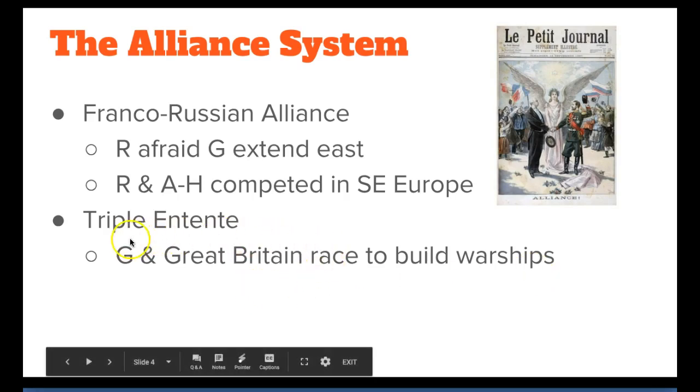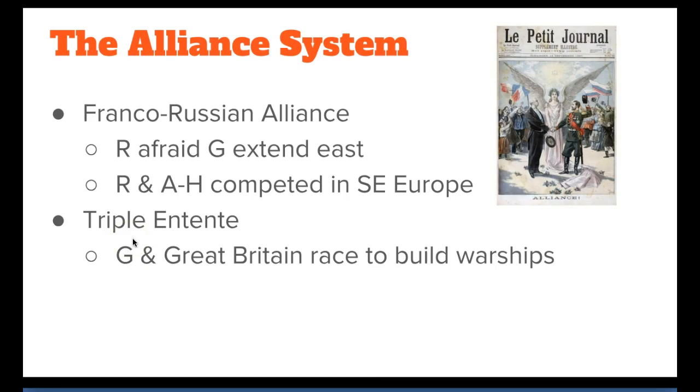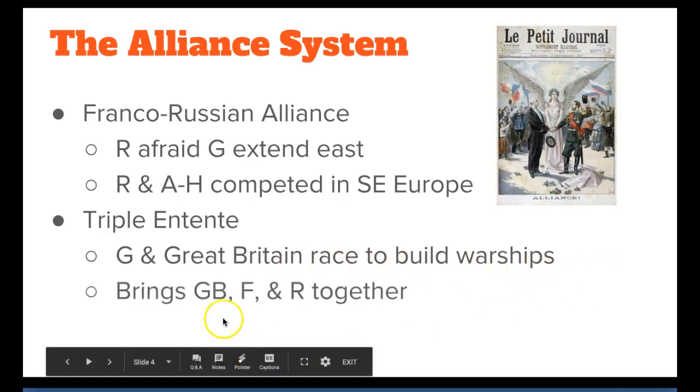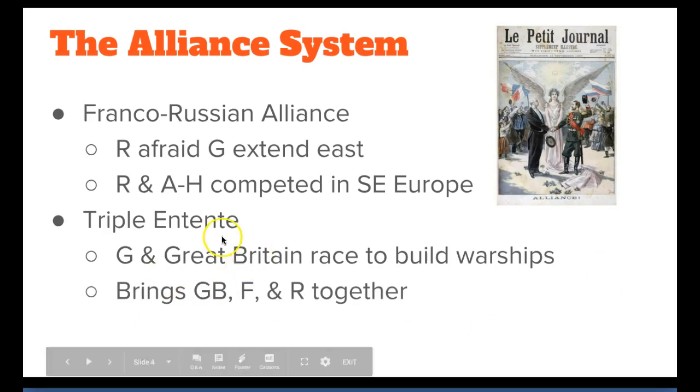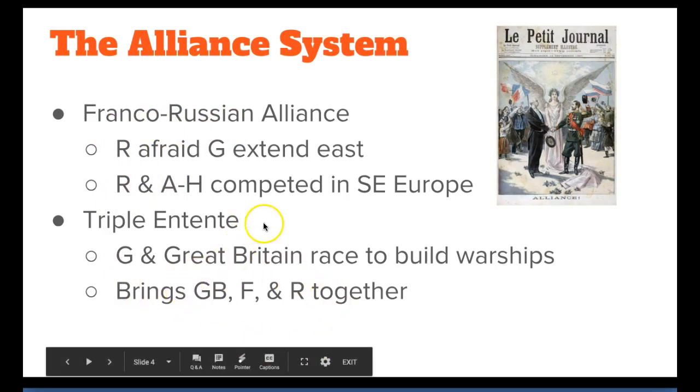Both of them have coastlines along the North Sea, the North Atlantic, and they want to make sure that they are the number one power in the Atlantic. Okay, so this competition brings these countries together to form the Triple Entente. Great Britain, France, and Russia form the Triple Entente.